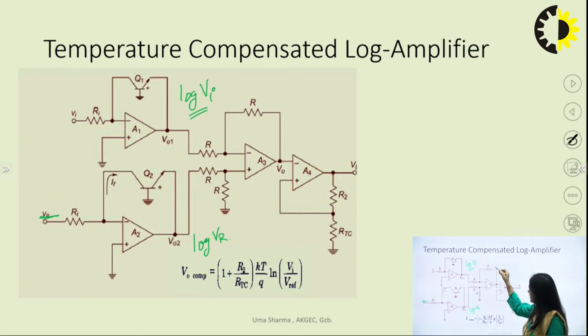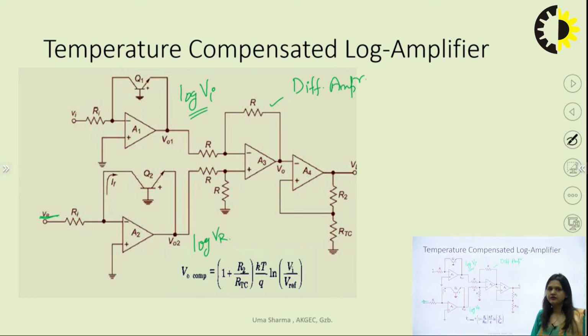We can pass these through a difference amplifier. This is a difference amplifier. The output of the difference amplifier, when all the values of resistances are equal, is given by the expression R4 by R3 into V plus minus V minus.